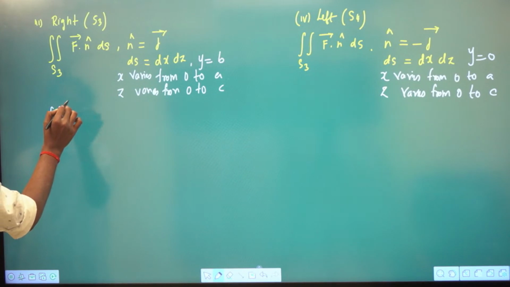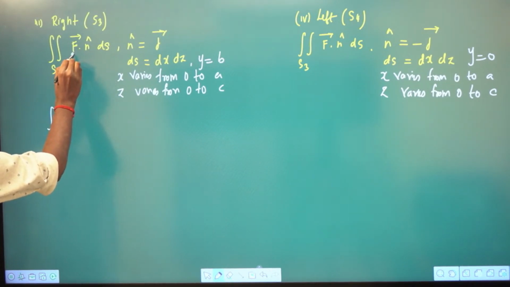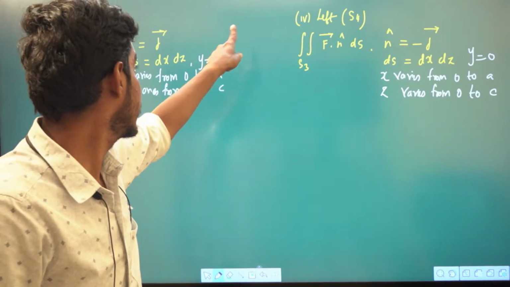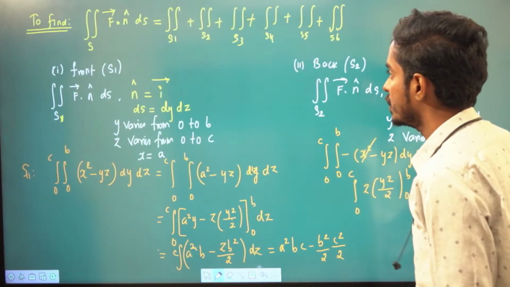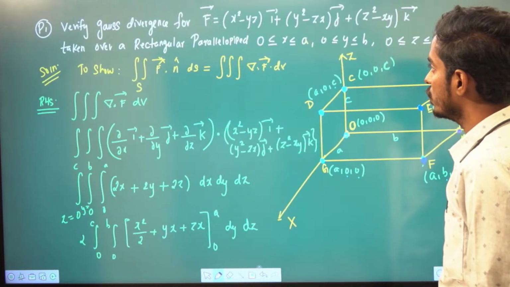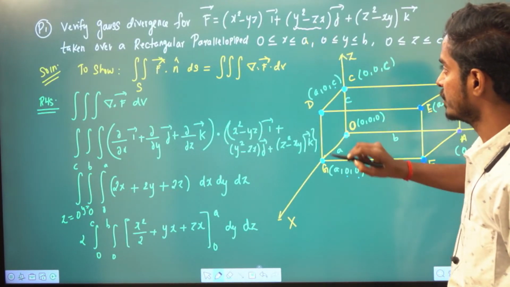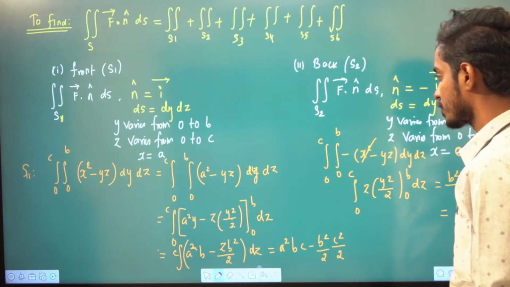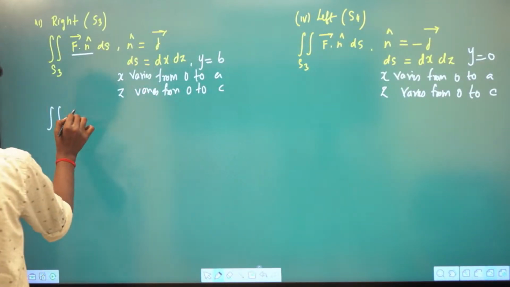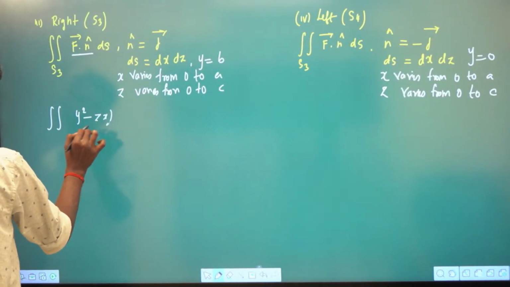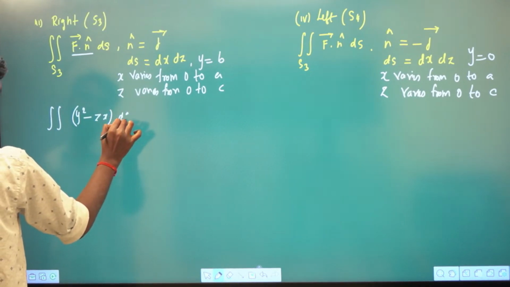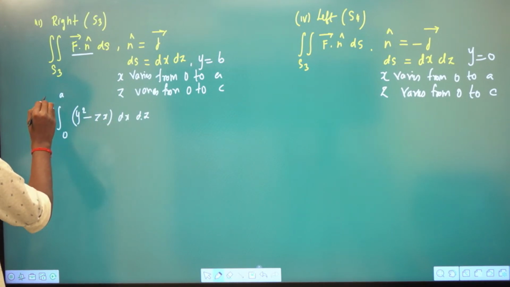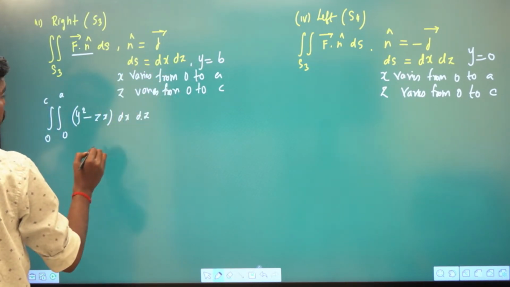So the integration over S3: what is f dot n? The vector f is already given in the question. You make a dot product with j vector, so you will only have this term, y square minus zx. The other two will be 0. And ds is dx dz, x varies from 0 to a, z varies from 0 to c, and we know y is b.